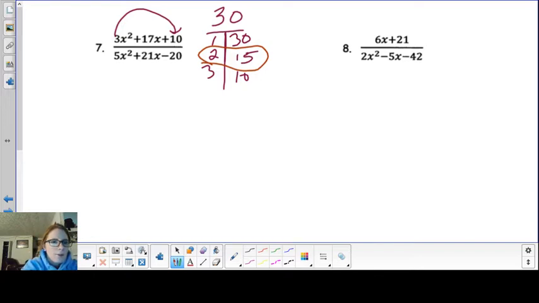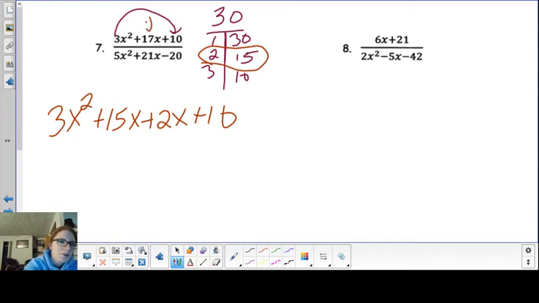So I'm going to write my 3x squared, followed by my 15x, followed by my 2x, plus 10. So I replace that middle number with the 2 numbers that we just found. I'm going to go ahead and take a look at the first two terms and ask myself, what can divide out of both of those two?